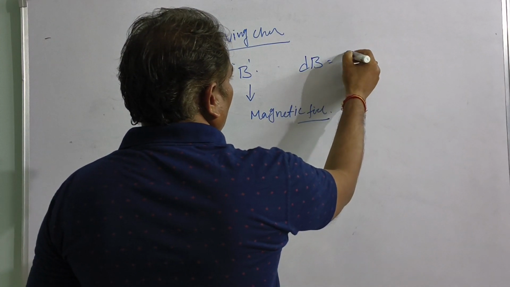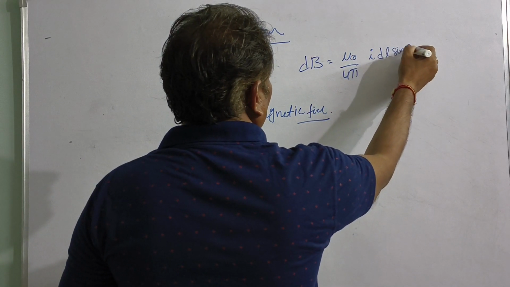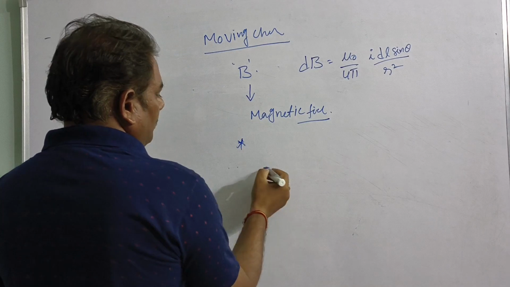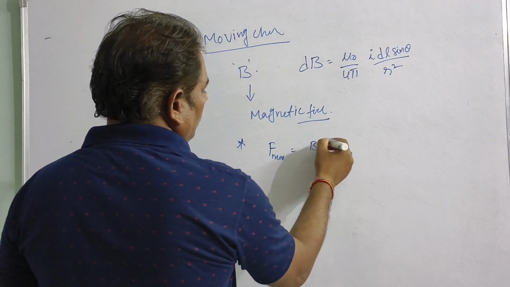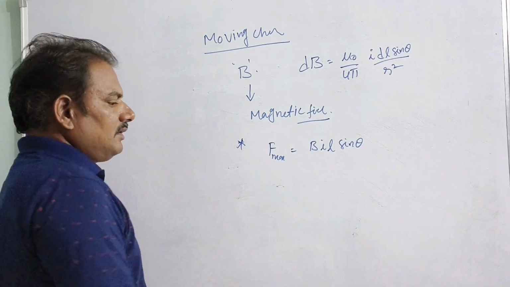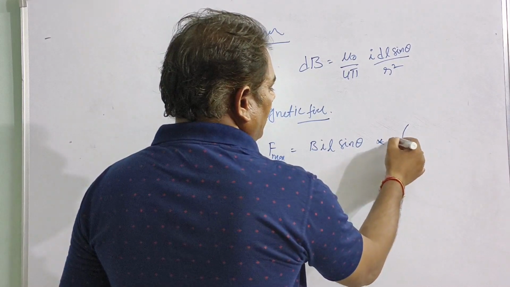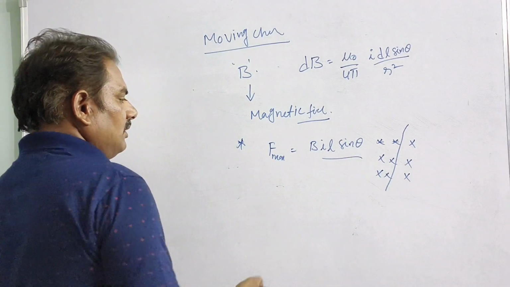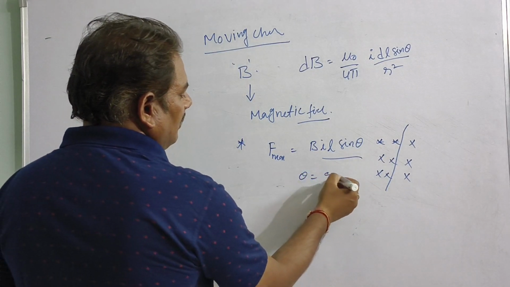dB equal to mu naught by 4 pi into I dl sin theta by r square. Otherwise, a simple formula: maximum force F maximum equal to BIl sin theta. If a conductor is placed in a magnetic field, then the maximum force on the conductor is when theta equals 90 degree.